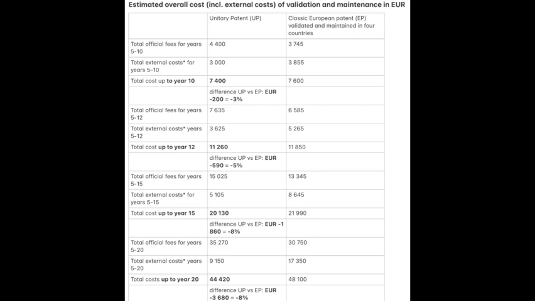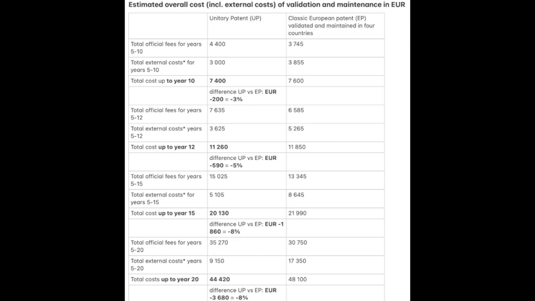Now, based on such a comparison of overall costs, a unitary patent will be less expensive than a European patent validated and maintained in 4 of the 25 member states, so in 4 contracting member states, 4 being the average number of those countries in which European patents are validated at present. Consequently, the more countries a classic European patent would have been validated in, the more cost-effective a UP will be. Now, let's go up to 10 years.